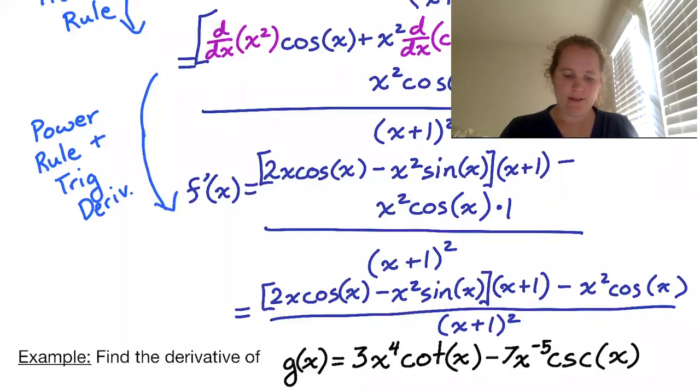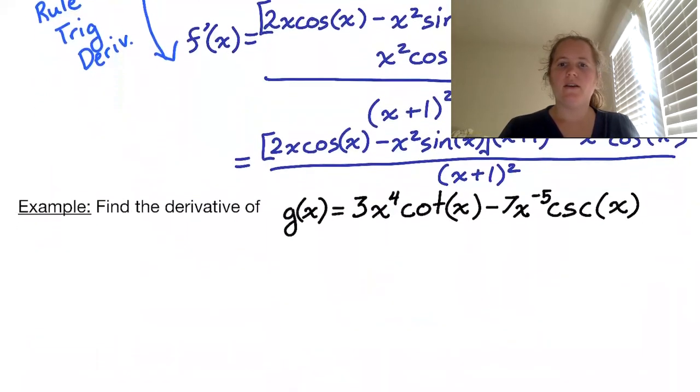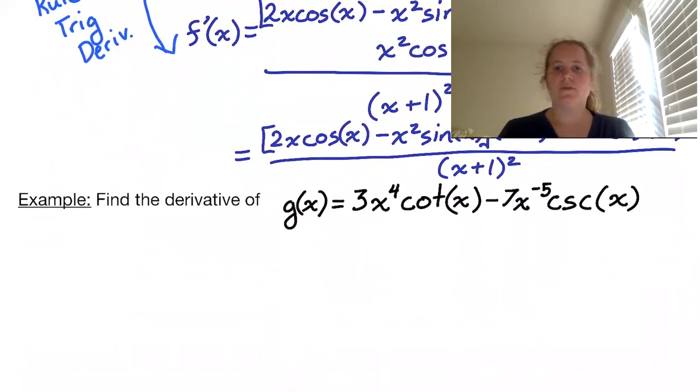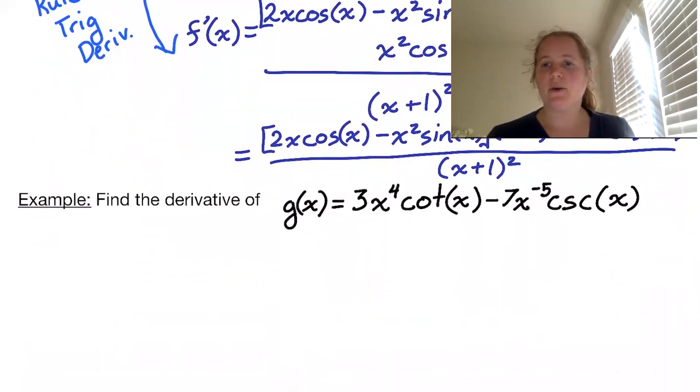Now for another example, let's find the derivative. G of x equals 3x to the 4th cotangent of x minus 7x to the negative 5th cosecant x.